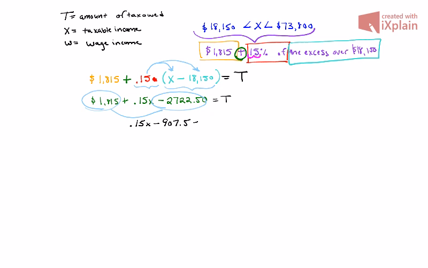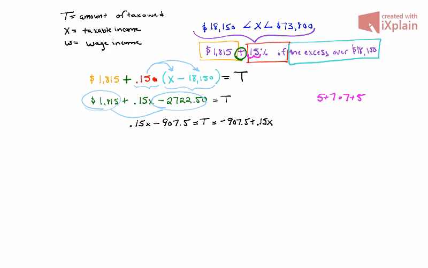If you were working through this and you got negative 907.5 plus 15 hundredths times X, that is perfectly fine. You basically just swapped the positions of these numbers. So please remember, as a simple example, 5 plus 7 is equal to 7 plus 5. This is your commutative property. You are allowed to switch the positions of the terms around. You just want to make sure that the sign in front of a number, whether positive or negative, follows it.